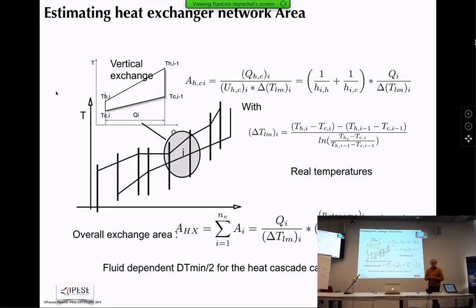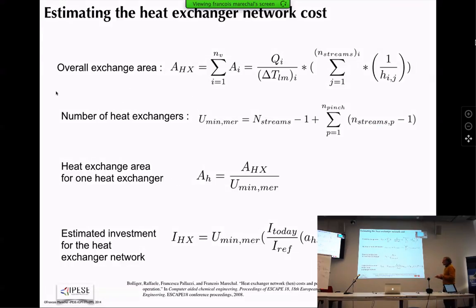So now I have a way to calculate the overall heat exchange area that is needed in the heat exchanger network of my system, including combustion, including steam cycle, including Rankine cycle, including heat pumps, etc. Okay? I have a way to calculate the amount of area that is needed, and it takes into account the heat transfer coefficients as well.